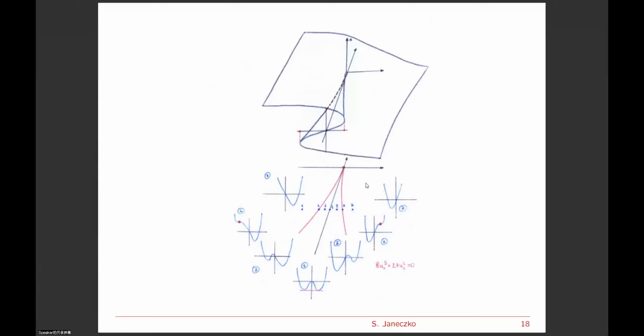What is this? Of course, this is 4x cubed plus 2u1 x plus u2 equals 0. And this is just the surface given by this equation, f prime equals 0.